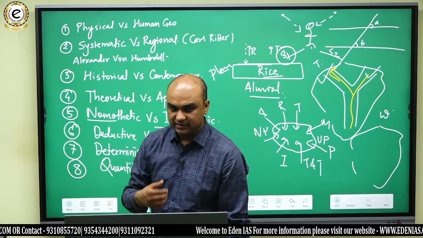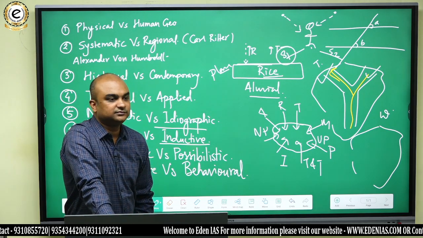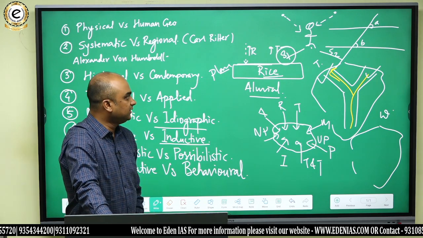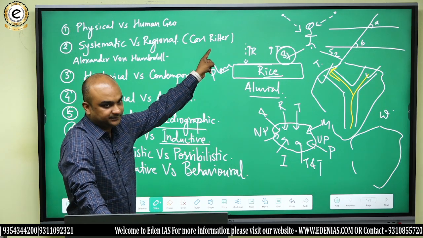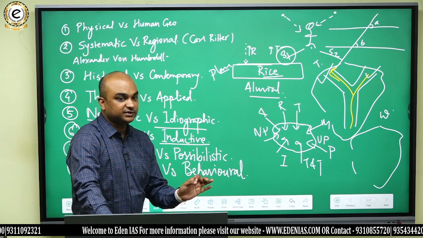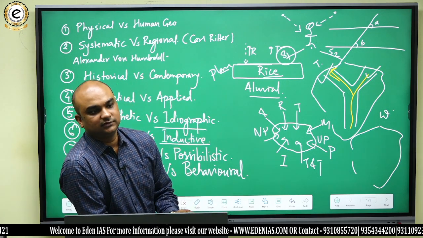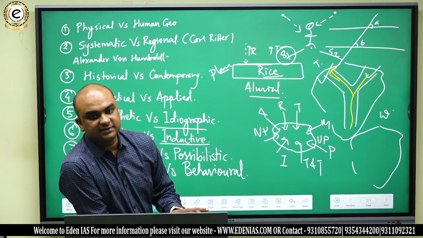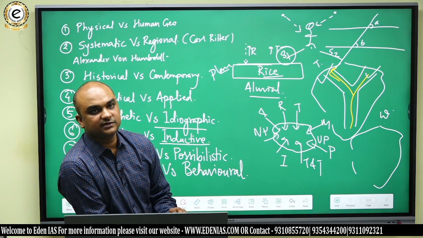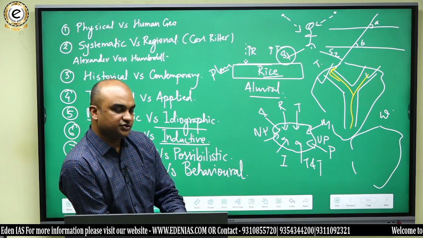Put a full stop. Karl Ritter, put a comma. The German geographer, Karl Ritter, put a comma again, is considered as the father of regional approach in geography.